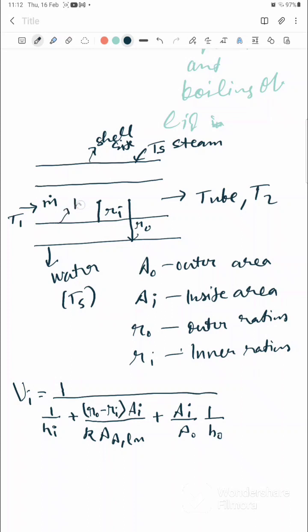This is Hi, convective heat transfer inside. This is H naught, outer convective transfer coefficient.